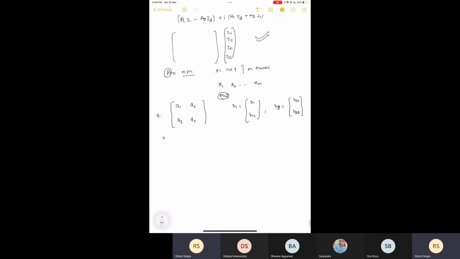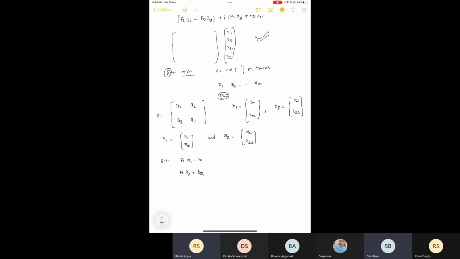So what we want is some x1, which is x11, x12, and x2, which will be x21, x22, such that A of x1 is equal to b1 and A of x2 is equal to b2. That's what the question is asking you.